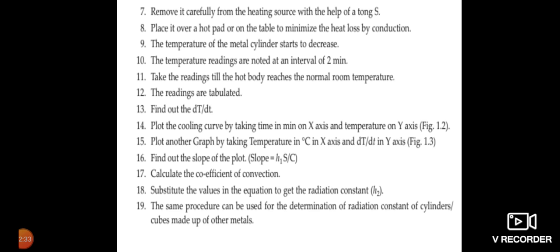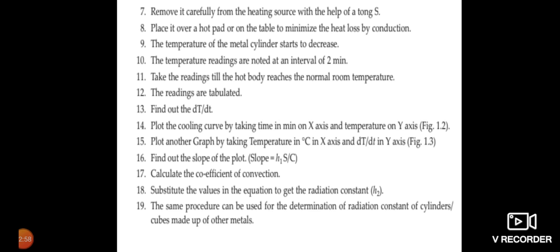And you will draw another graph for detailed explanation. That is in step 15, temperature in degree Celsius on the x-axis and rate of change on the y-axis. So you are representing your experiment with the help of two graphs. Then we will find out the slope of the plot.